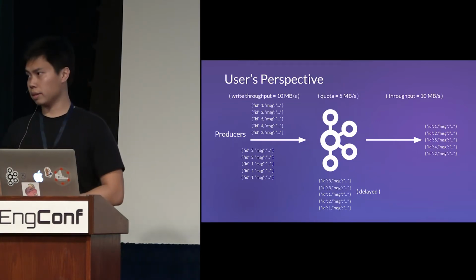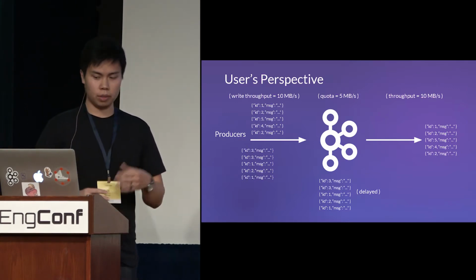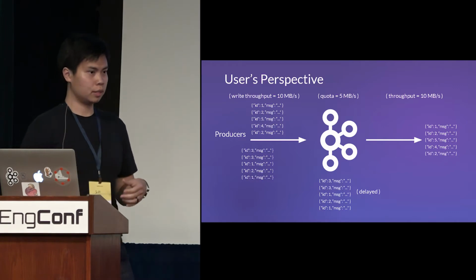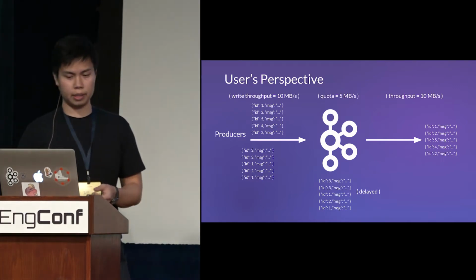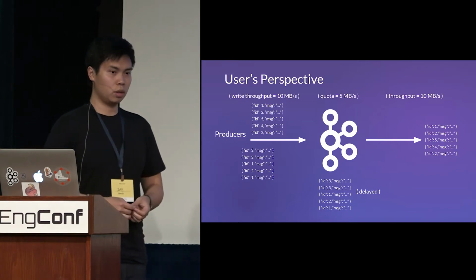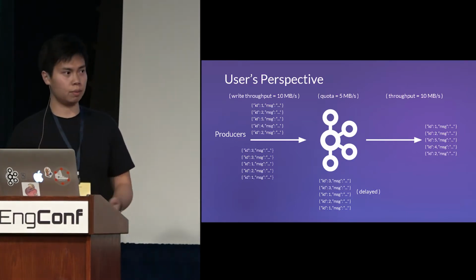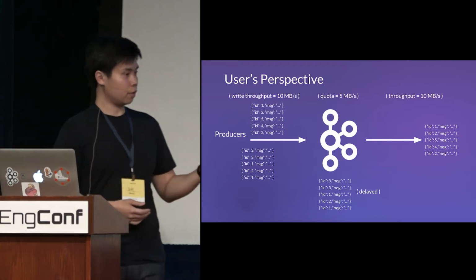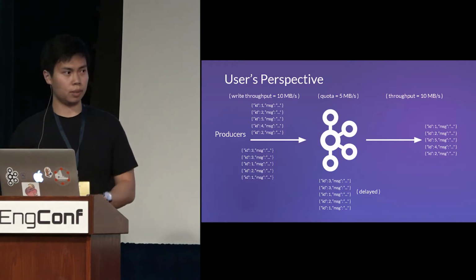So what does this look like from the user's perspective? Well, when a user exceeds their quota, the request will get placed onto an internal queue, where Kafka then controls the rate at which those requests leave the queue. Therefore, Kafka essentially makes sure that the user is in compliance with their quota.